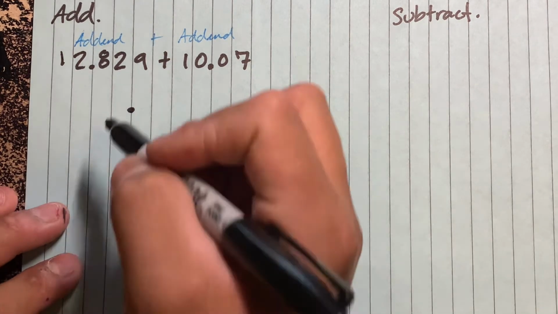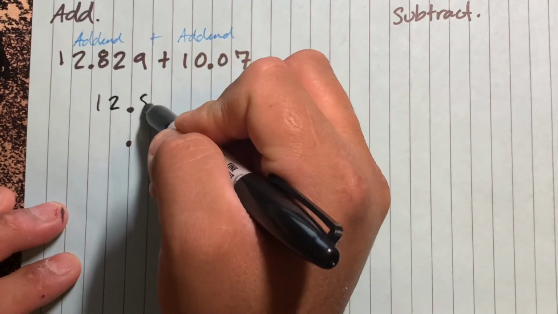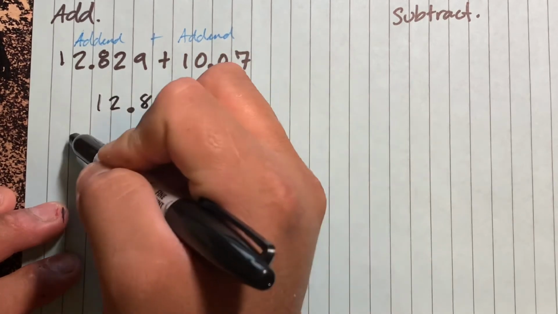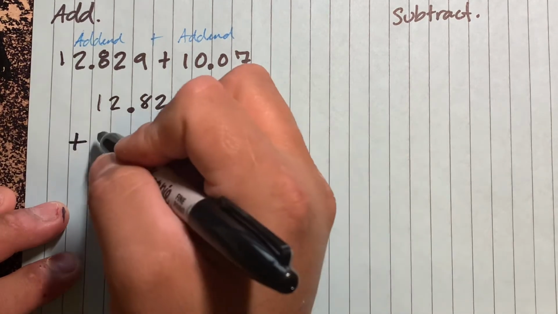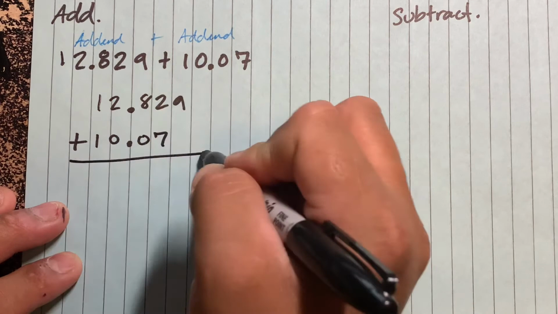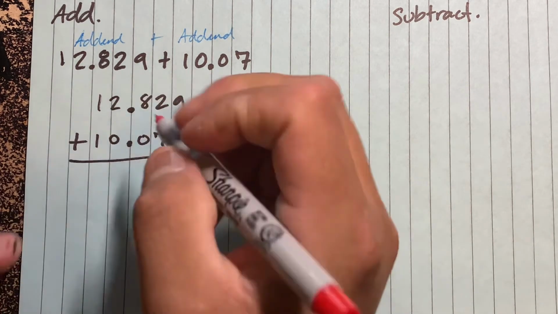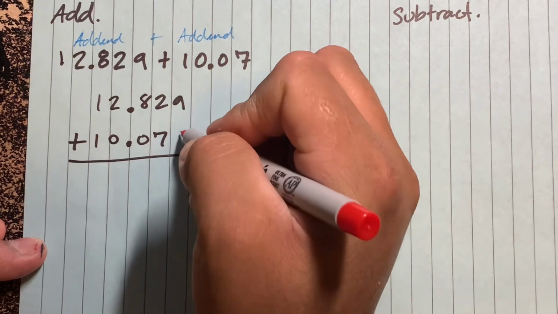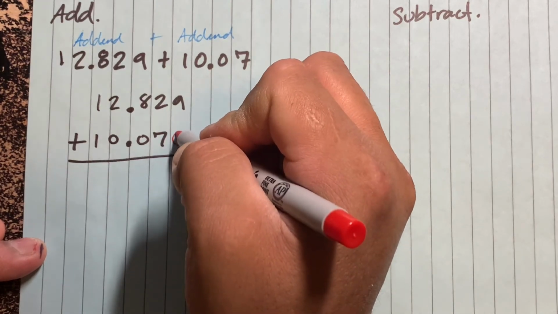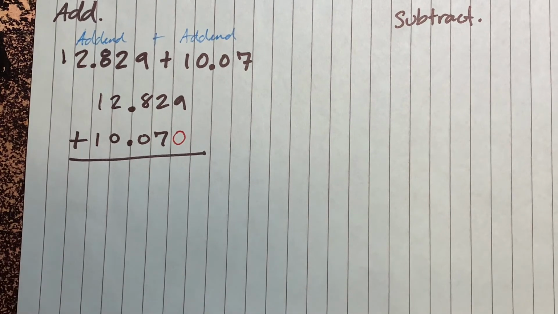Now we can put in the addend 12 and 829 thousandths, and we're going to add that to 10 and 7 hundredths. Again, the second step is to add placeholders. So the empty spot right here is going to be a placeholder. And again, placeholders do not change the value of those numbers. So then simply the third step is to add.